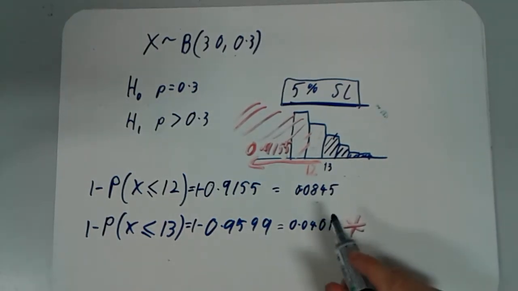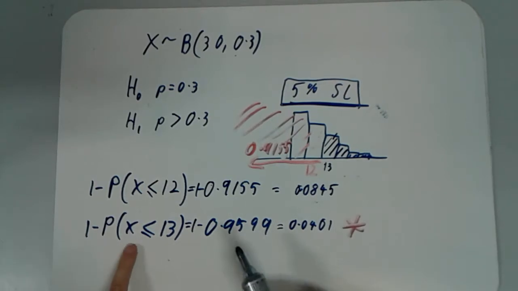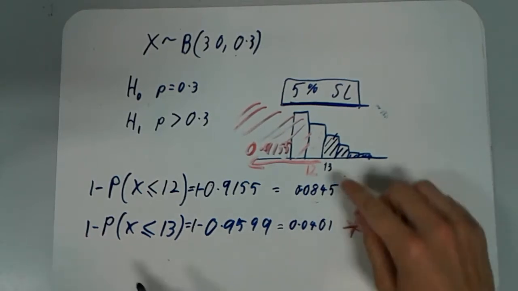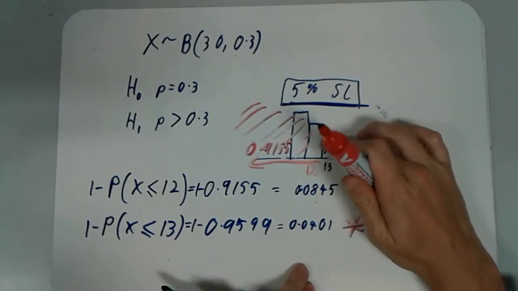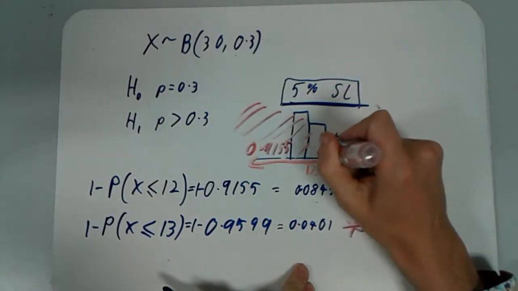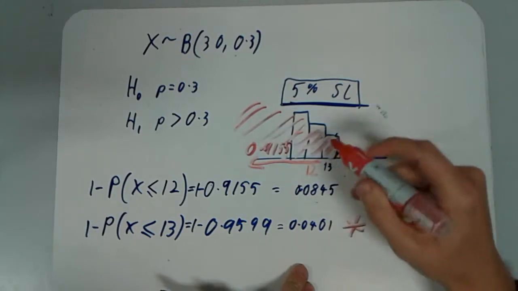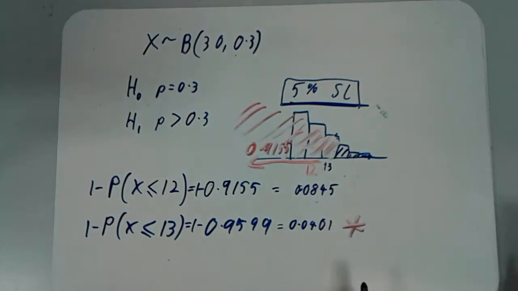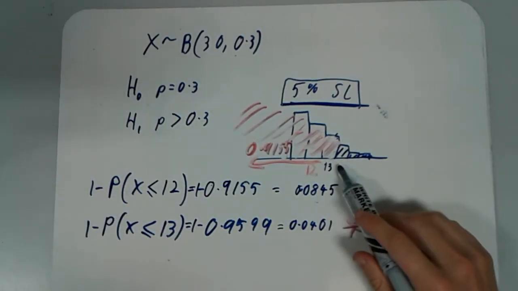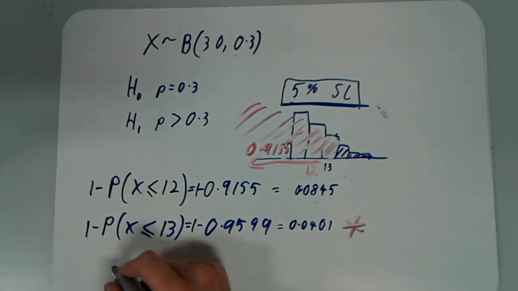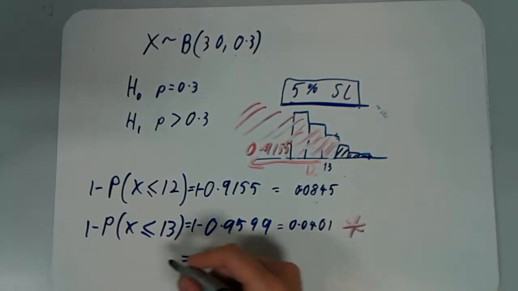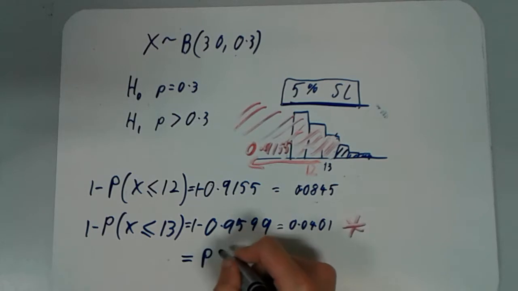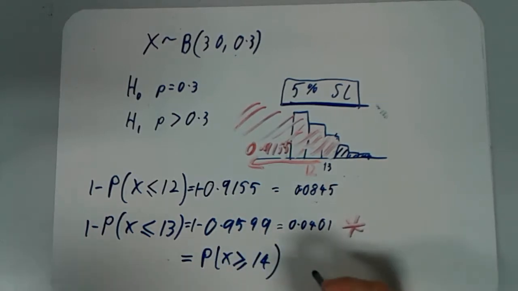The only thing I need to be careful of is that I've actually done 1 minus the probability that x is less than or equal to 13. So looking at my sketch, I have taken away all of this area from 13 downwards. So what's my first number that I have been left with? Well, that is going to equal the probability that x is greater than or equal to 14.